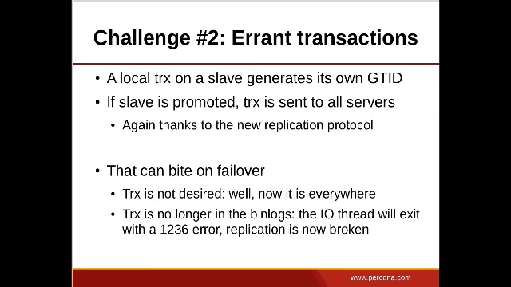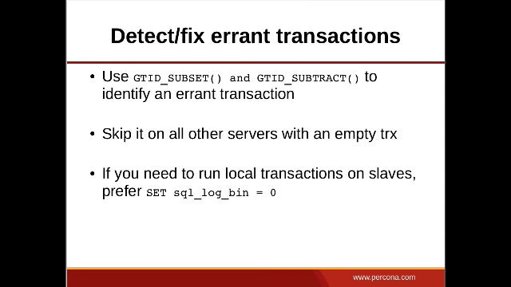So how to deal with errant transactions? Basically, you have two functions, GTID_SUBSET and GTID_SUBTRACT, that you can use to identify an errant transaction. The idea is that the set of executed transactions on any slave should be, at any point in time, a subset of the executed set on the master. This is how you can detect that you have an errant transaction.